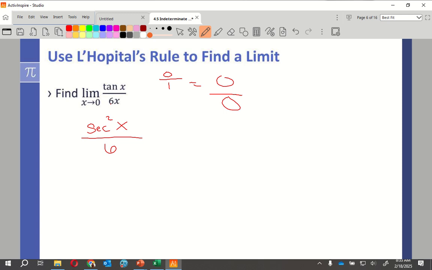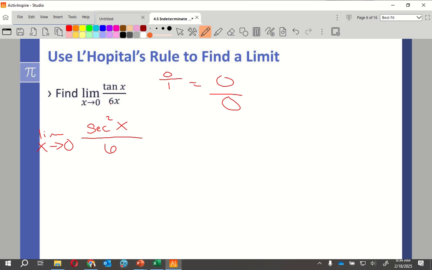Anyway, now let's take the limit as x approaches 0. Secant is the derivative of, okay, hold on, let me say it again.